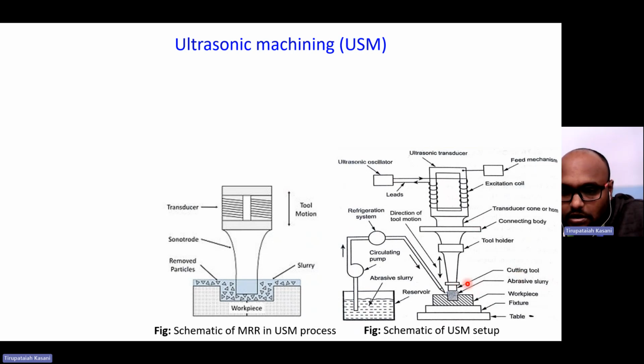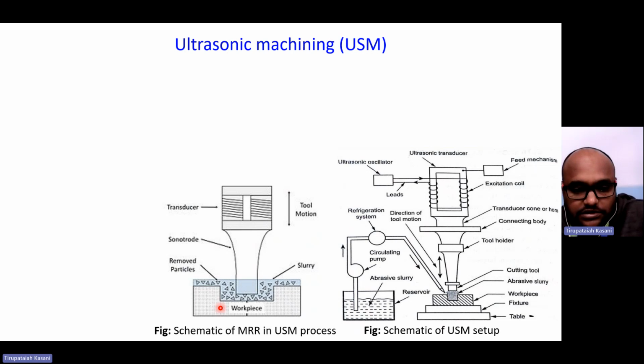All of these I can call a sonotrode, in one single setup with a single term. This is the tool motion with high frequency and less amplitude. But here the sonotrode amplitude is more than this. It is like this; this is the amplitude, but here it is a considerable amplitude length.